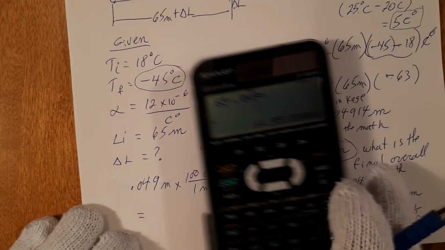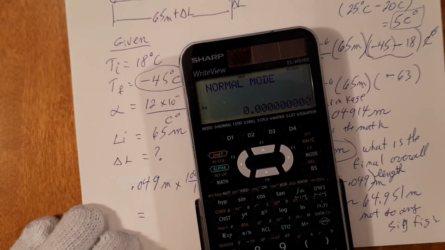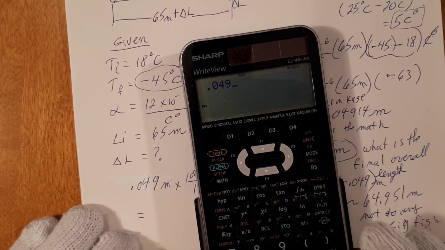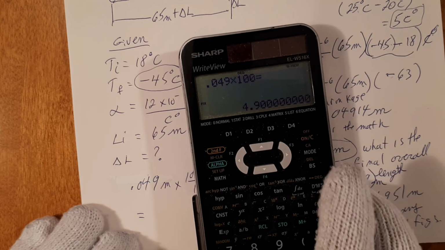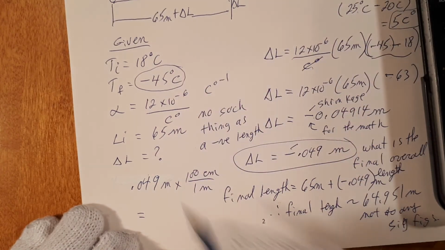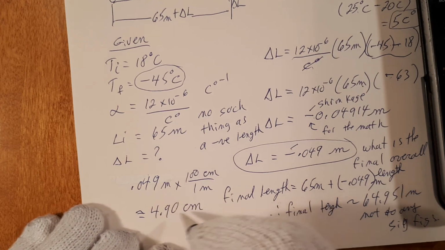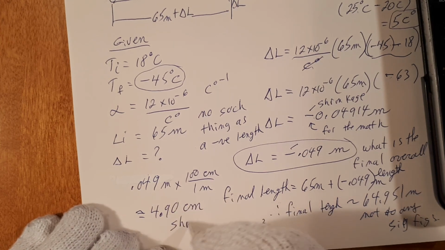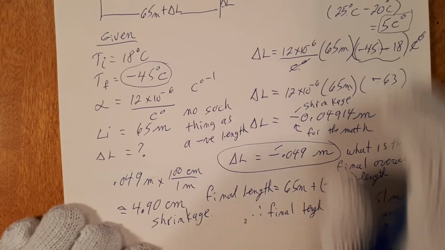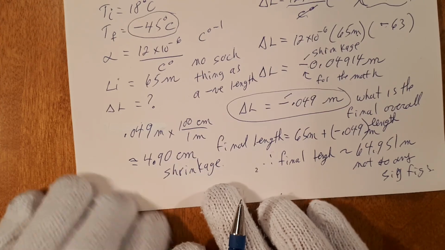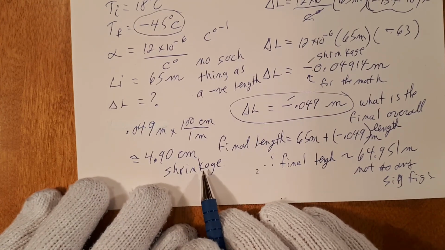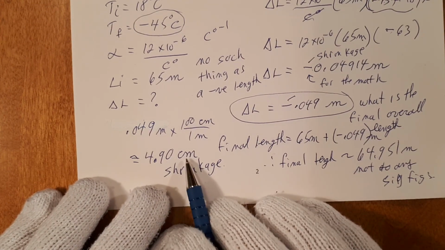If we take 0.049 times 100, that's approximately 4.90 centimeters of shrinkage over that 65 meter length, which is not a lot. But if you take that pipeline over miles, many, many miles, that becomes a significant amount.